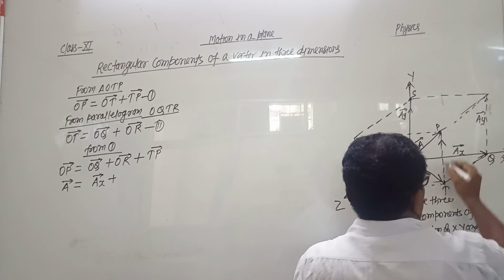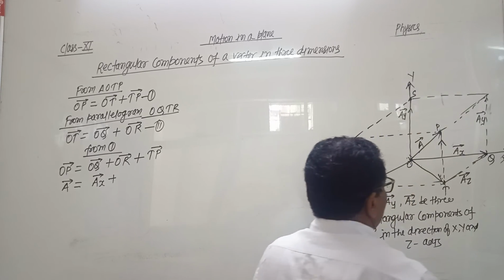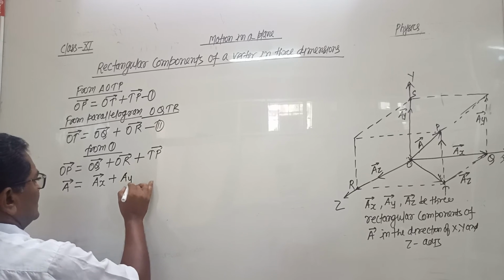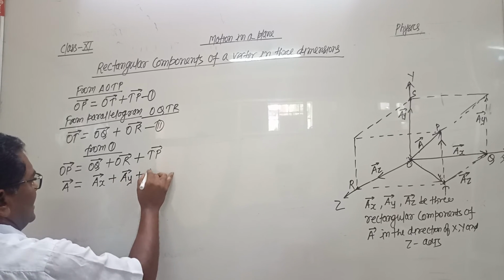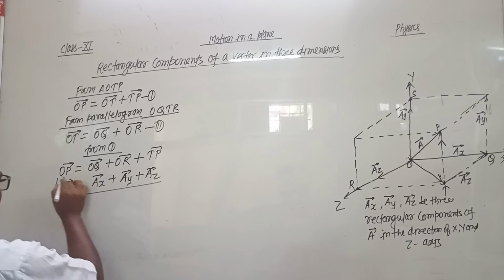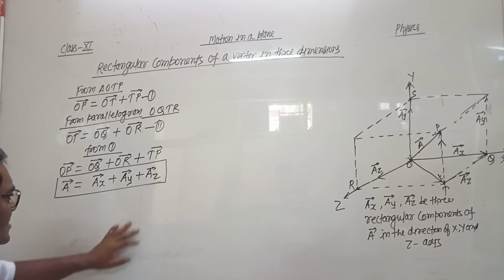If this is AY, then this will also be AY. So AX vector plus AY vector plus AZ vector. This is the rectangular component of vector A in 3 dimensions. Vector A equals AX, AY and AZ.